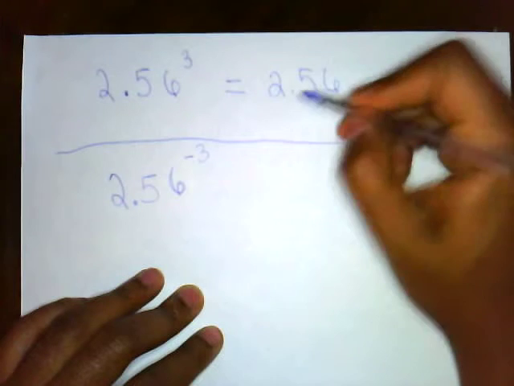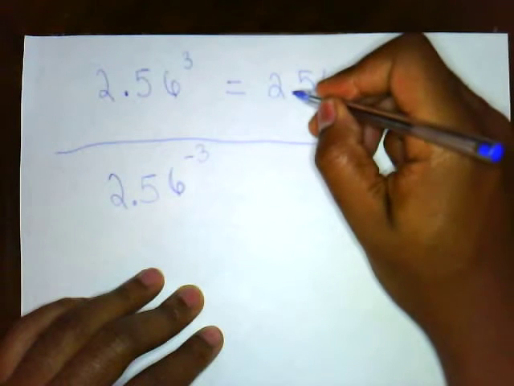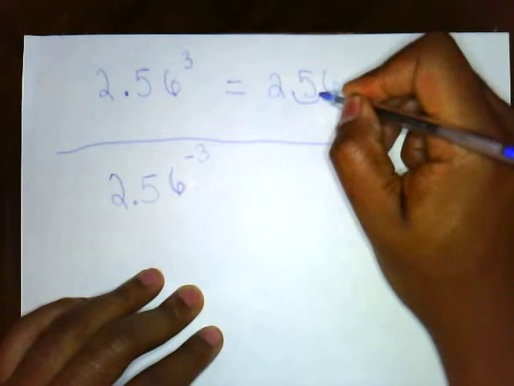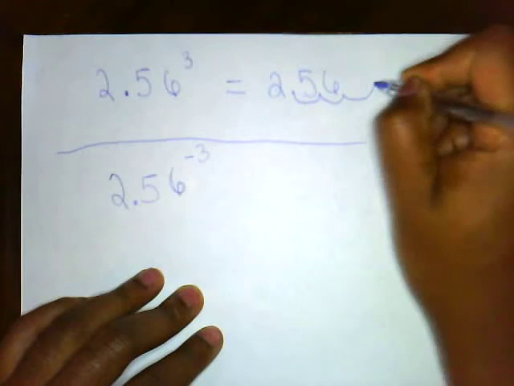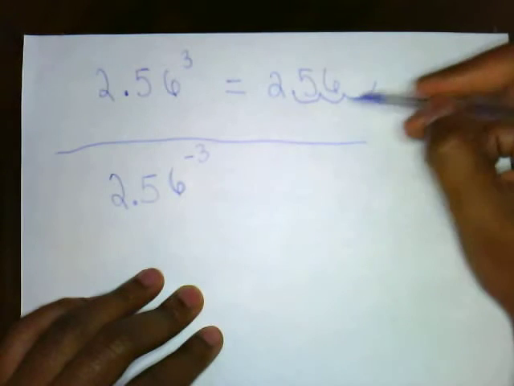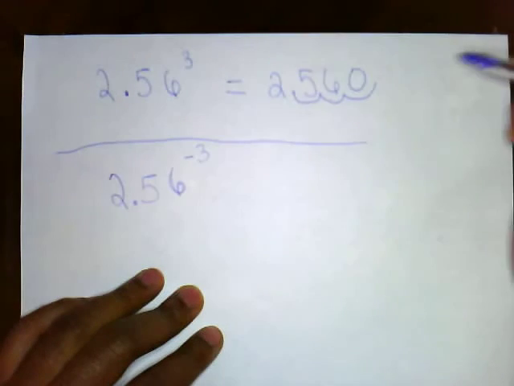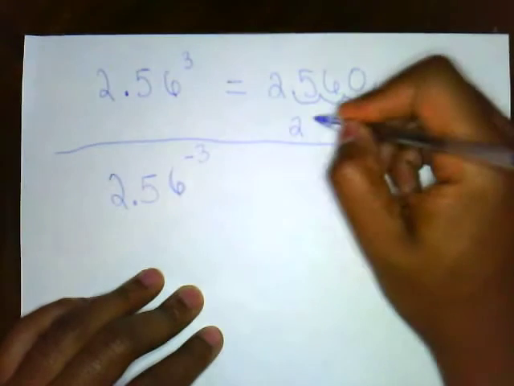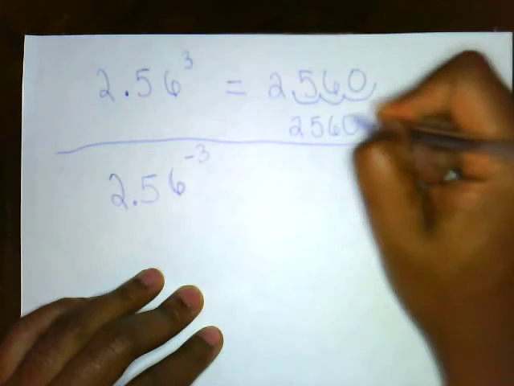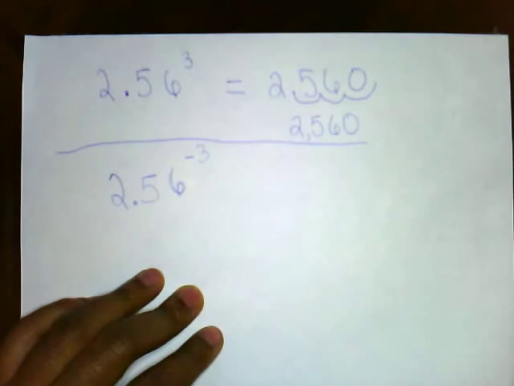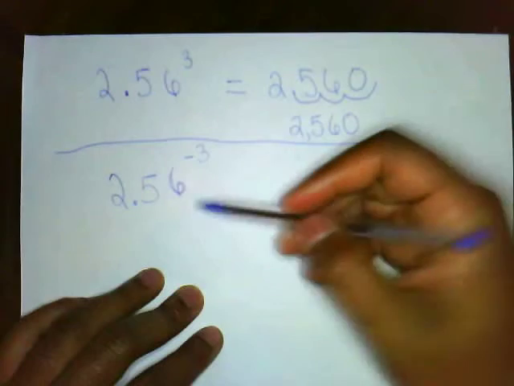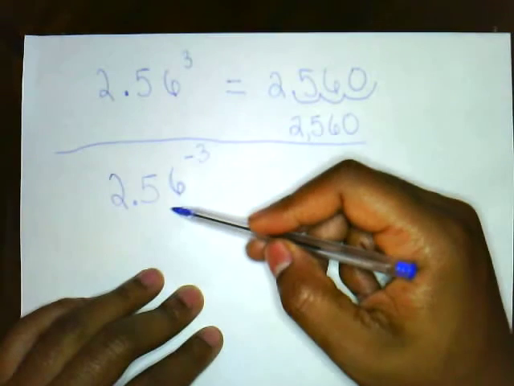We're going to find our decimal, and we're going to move to the right 3 spaces. 1, 2, 3. Whatever gap is left, you place a 0 there. So what's our answer? You got it. 2,560.